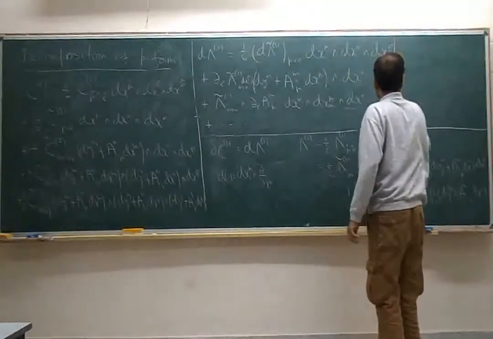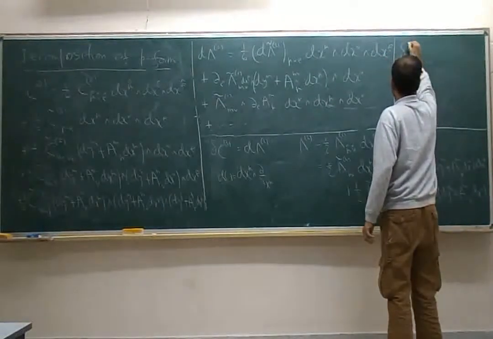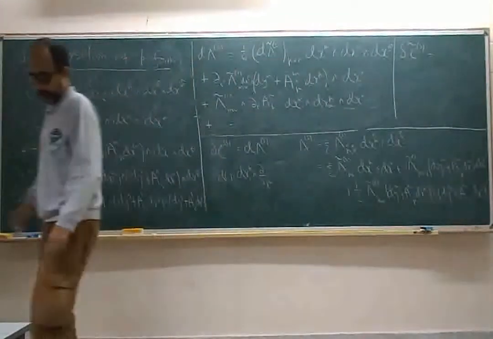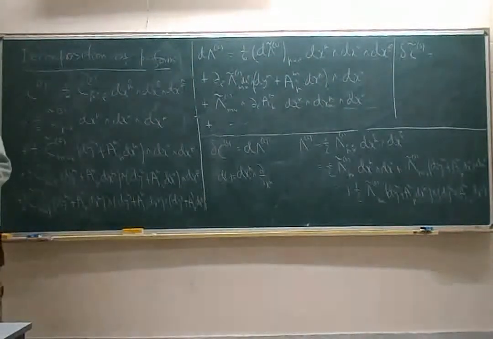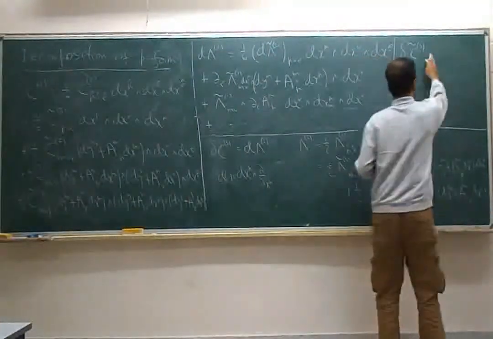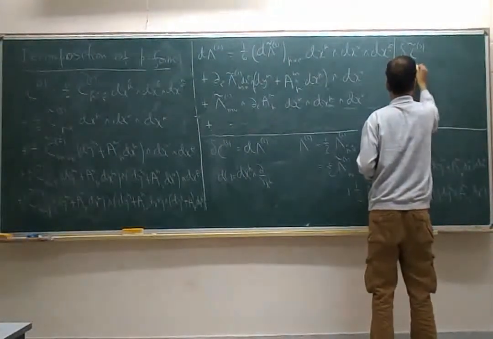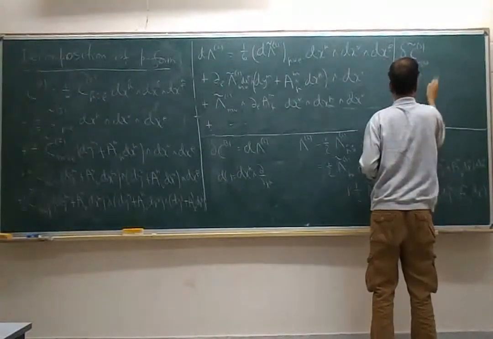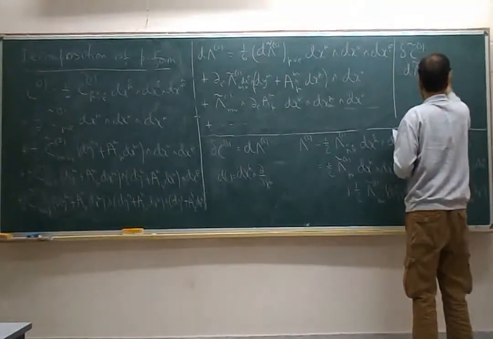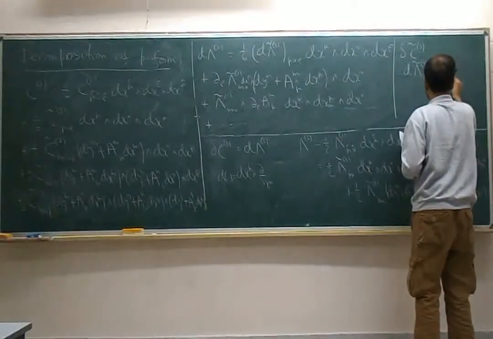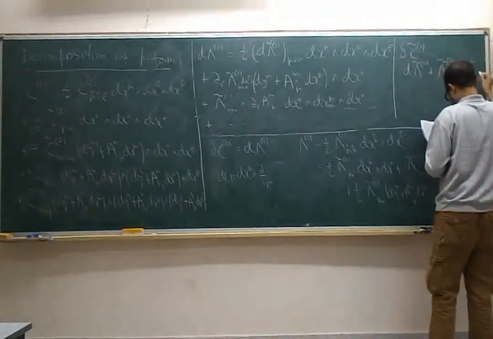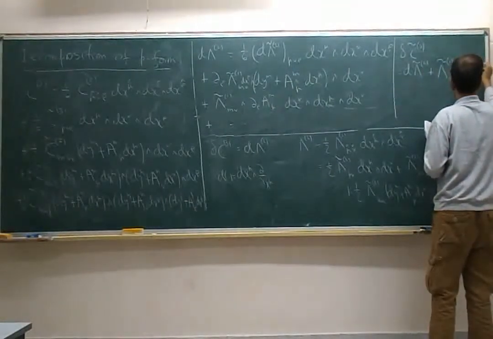So when you compare, you will find that delta of C tilde 3 can be written as d lambda tilde 2 plus lambda tilde 1 m with f2 m.